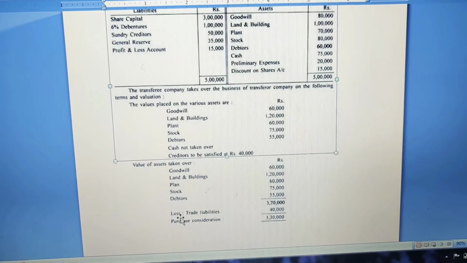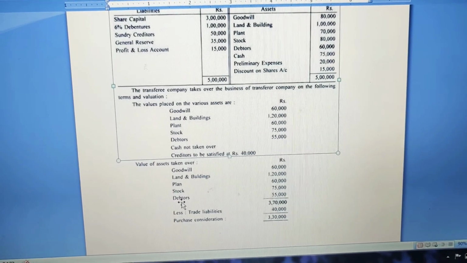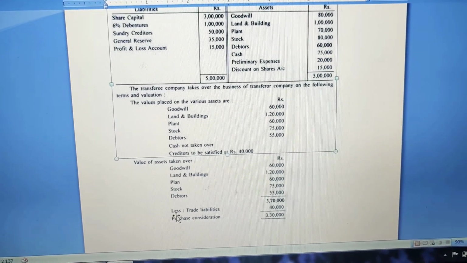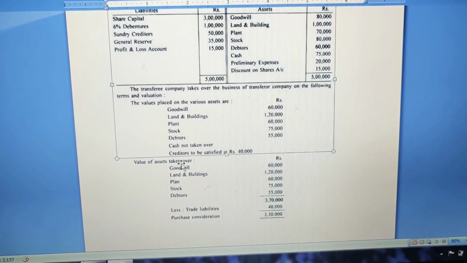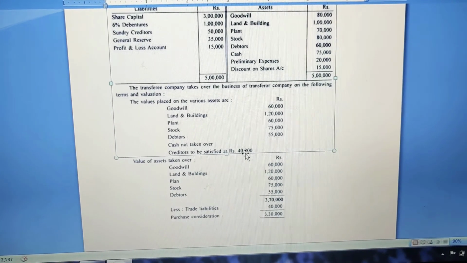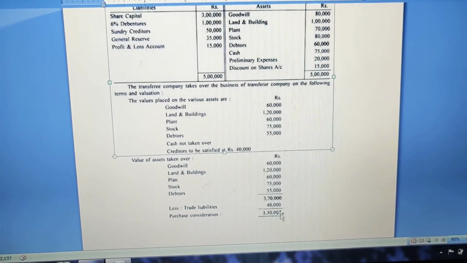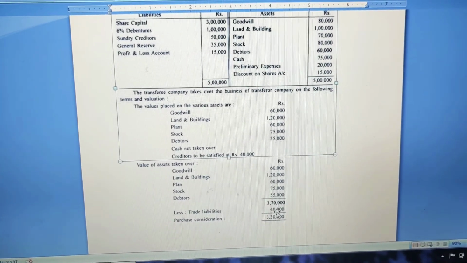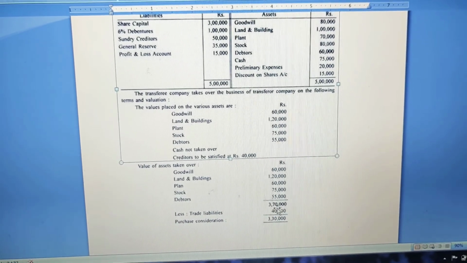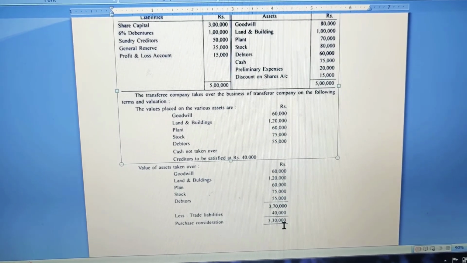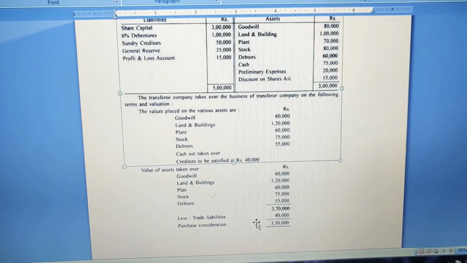And next, you add all these assets' values and deduct therefrom the trade liabilities, which is, he is taking creditors to be satisfied at 40,000. So you have to deduct 40,000 worth of trade liabilities, your creditors, from the total assets amount, 3,70,000 minus 40,000, and you will get 3,30,000 as the purchase consideration.